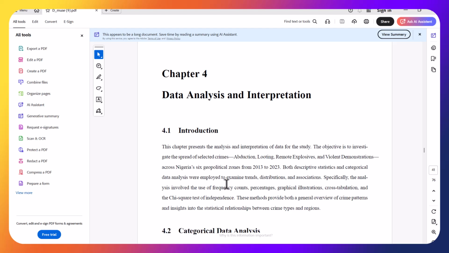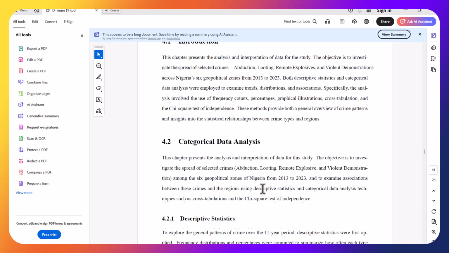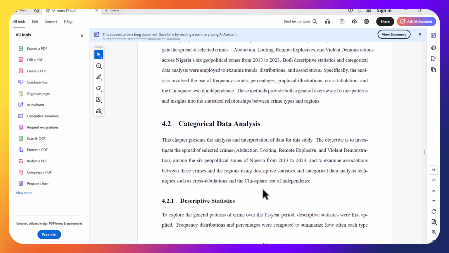It is because we have categorical variables, and since you're using a chi-square test and a cross tabulation, which basically work for categorical variables, and one of the machine learning models we are using is logistic regression, categorical data analysis is actually the best. So you can see he briefly talked about categorical data analysis in this particular section.